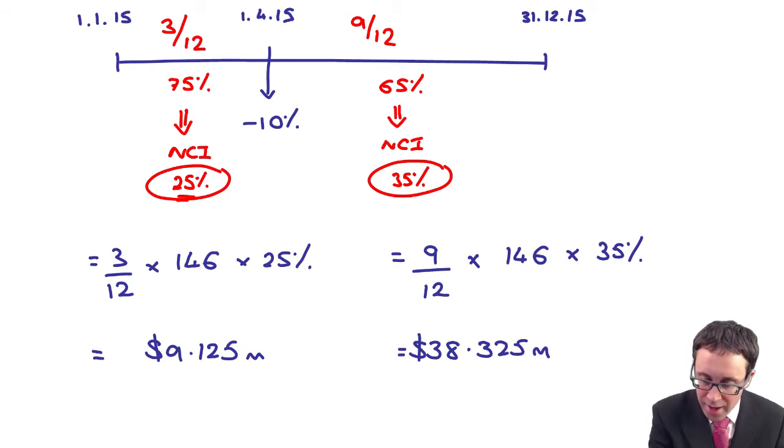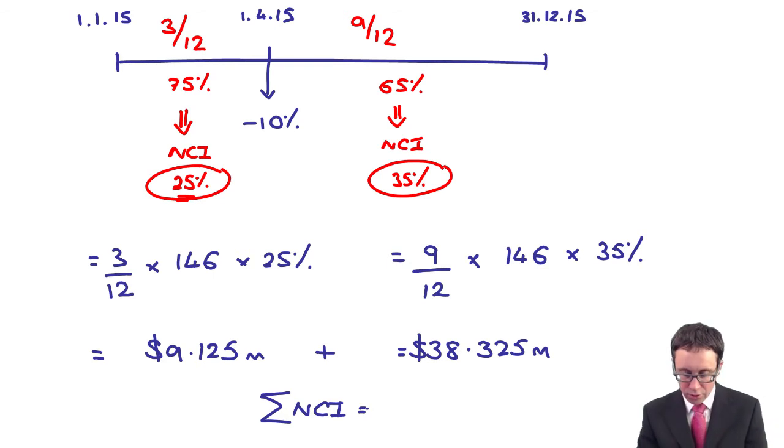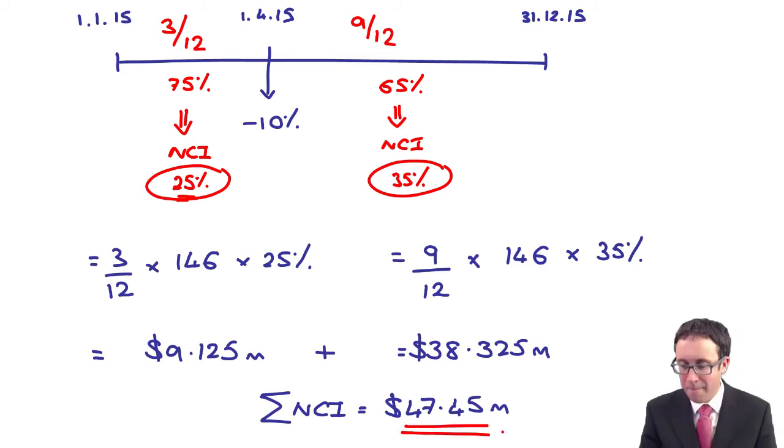If I go through then and add the two together, the total non-controlling interest goes through there and gives me $47.45 million. Okay, so that's the non-controlling interest.